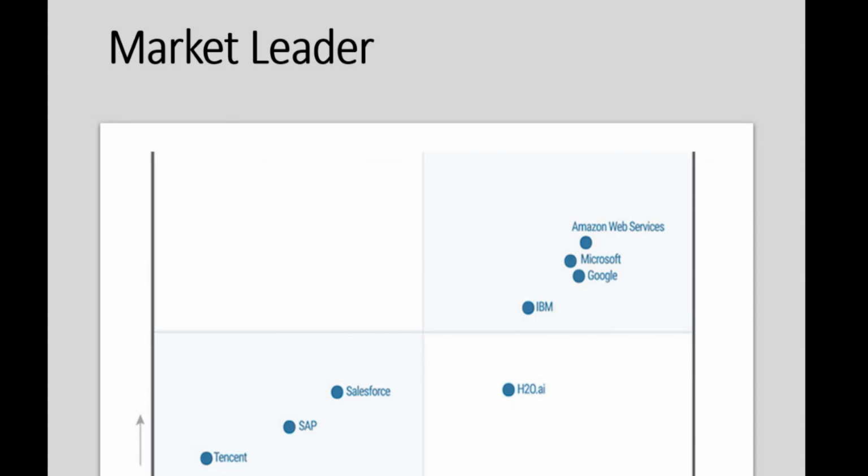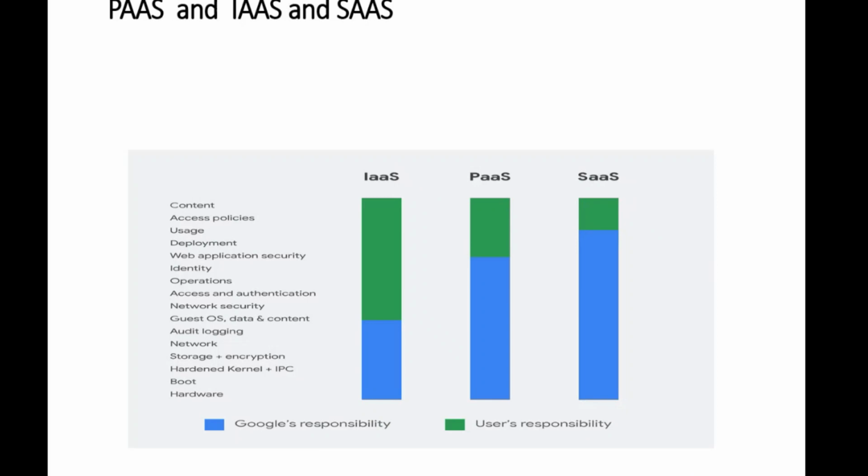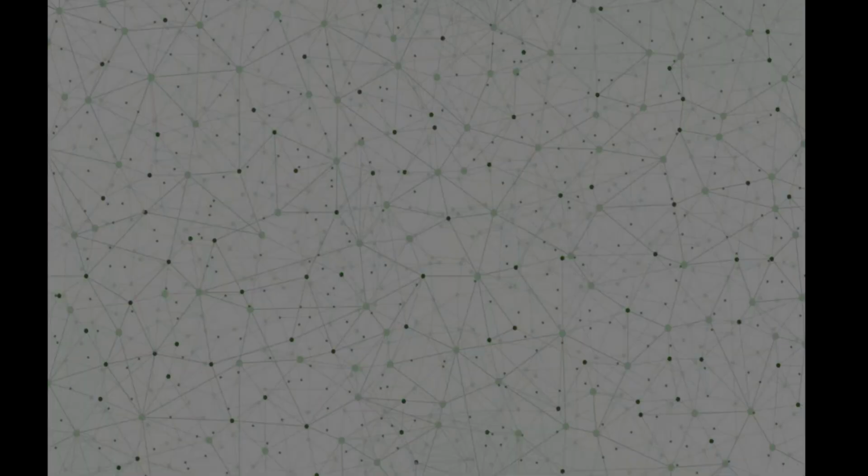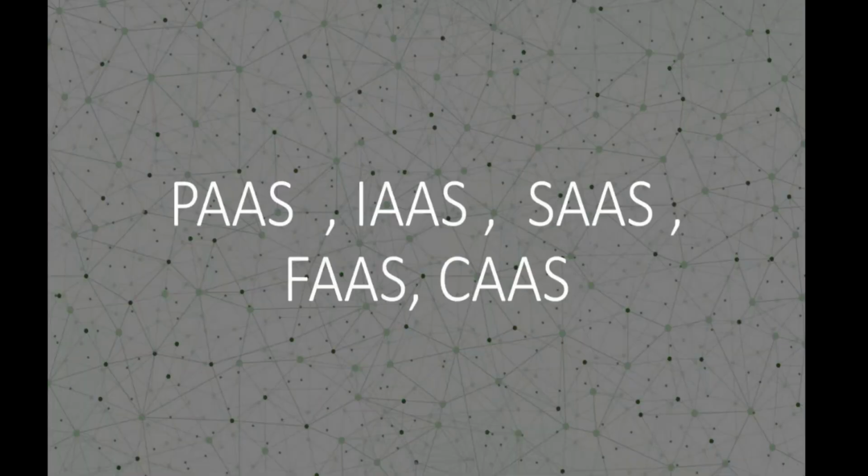Then we talked about market leadership: AWS is at the top level, GCP is in the third position, but there is high competition between Microsoft, GCP, and AWS. Then we moved towards platform as a service, infrastructure as a service, PaaS, and CaaS.